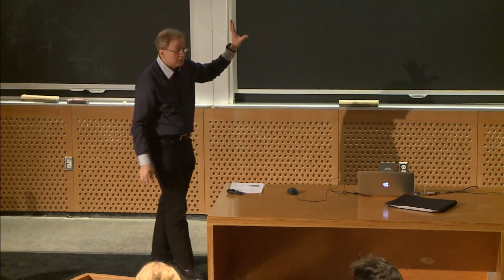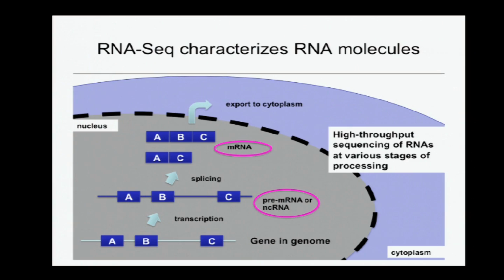What we're going to do is isolate RNA species from a cell or collection of cells in a desired condition. And note that we can choose which kind of RNA molecules to isolate. We can isolate molecules before any selection, which would include molecules that are precursor RNAs that have not been spliced yet, including non-coding RNAs.